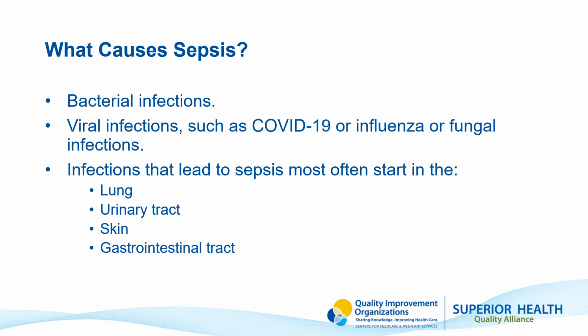The most frequently identified pathogens that cause infections that can develop into sepsis include Staphylococcus aureus, often referred to as staph, Escherichia coli or E. coli, and some types of Streptococcus or strep.